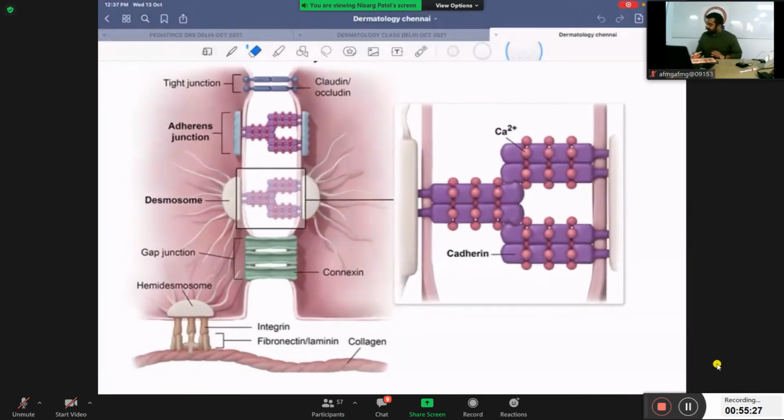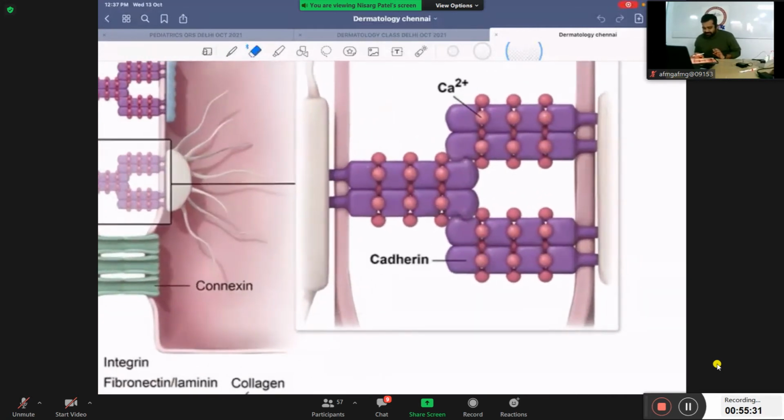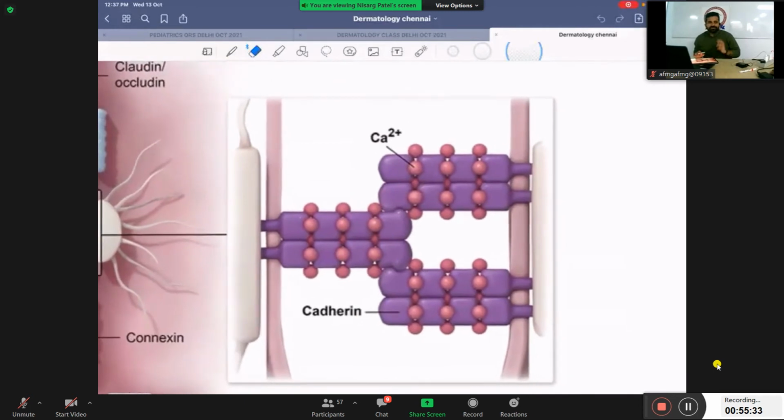I am showing you the image of a desmosome. As you can see, desmosome is made up mainly of three important proteins. There are many proteins involved, but three important proteins, along with calcium.